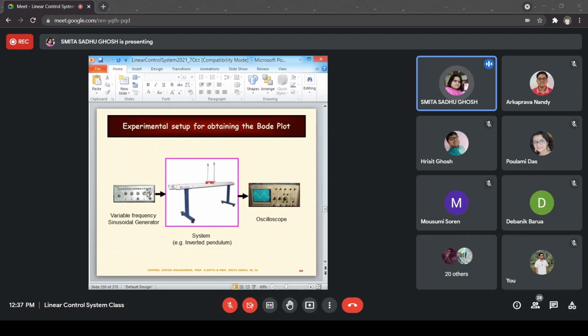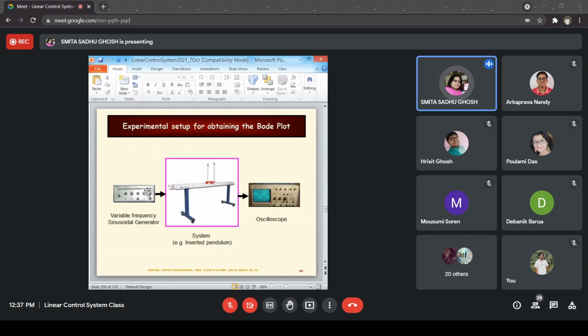The frequency at which I've given the input sine wave, say for example, 1 radian per second. So at 1 radian per second, the amplification is such and such, so A1 by A or something. That is as far as amplitude is concerned for, say, 1 radian per second. Now, let me finish off the magnitude portion first, then I'll come to the phase portion so that it's easier for you to visualize.